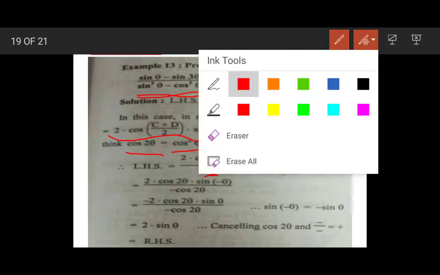Once again, see, the numerator is sin theta minus sin 3 theta, which is in the form of sin c minus sin d. So in the numerator I am using the factorization formula. So sin c minus sin d will be 2 cos (c plus d) upon 2 into sin (c minus d) upon 2. See the denominator.